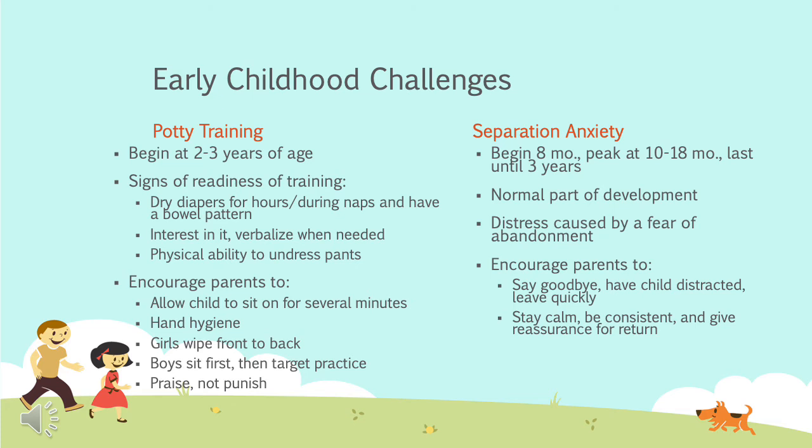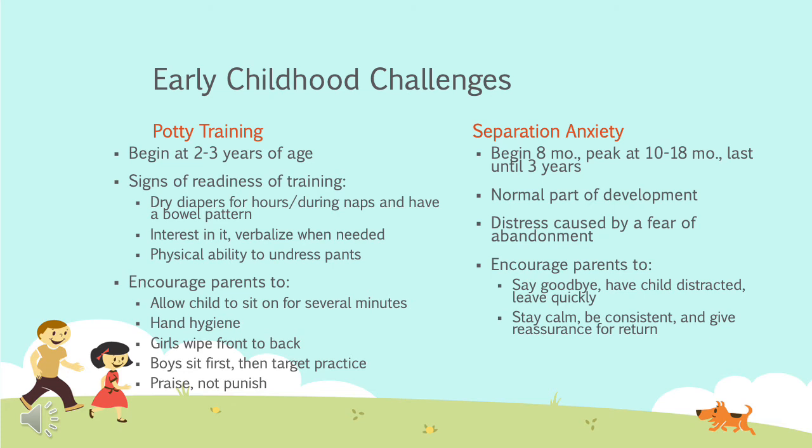The next readiness sign is that they're interested in it, and I mean the toddler is interested in it. They verbalize when they need to go to the bathroom or when they have already wet themselves. And they also have the physical ability to undress their pants, so they have to have the fine motor skills to go along with it. Maybe not to button or zip, but at least to pull up and down.